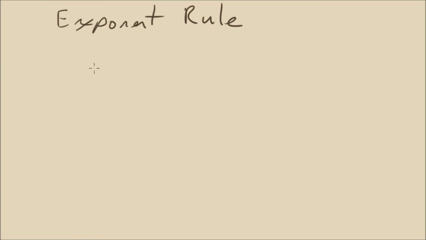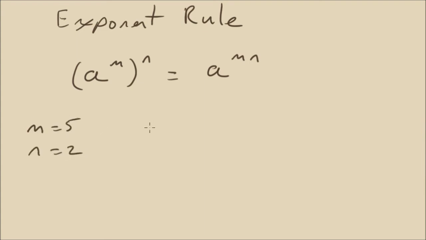Now, if I bring my exponent to an exponent, so if I have a to the m all brought to the n, that is going to equal a to the m times n. So we use the same example, m equals 5, n equals 2.